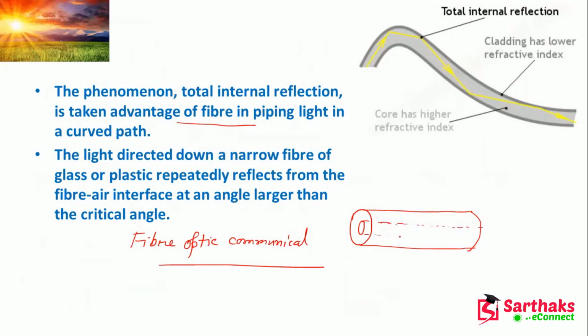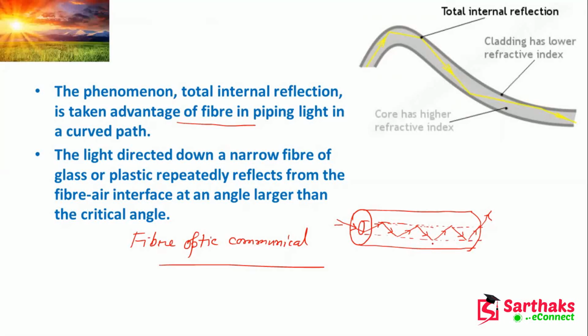Light penetrates from any source, then it reflects from this surface, then from this surface. These are the glass surfaces. It keeps reflecting and then goes outside. So here total internal reflection is applied.